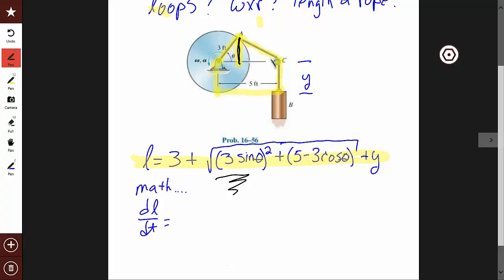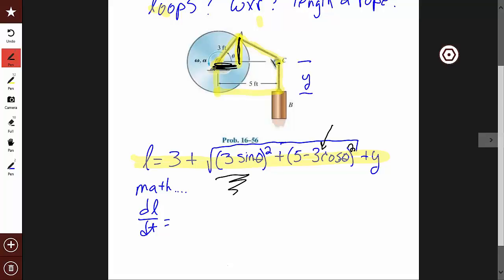You see that? Okay. And what's this term? Yeah, so it's 5, right? It's 5 minus 3 cosine theta, that piece right there. You're supposed to have a square. Oops, I left that off just to make sure y'all were paying attention.